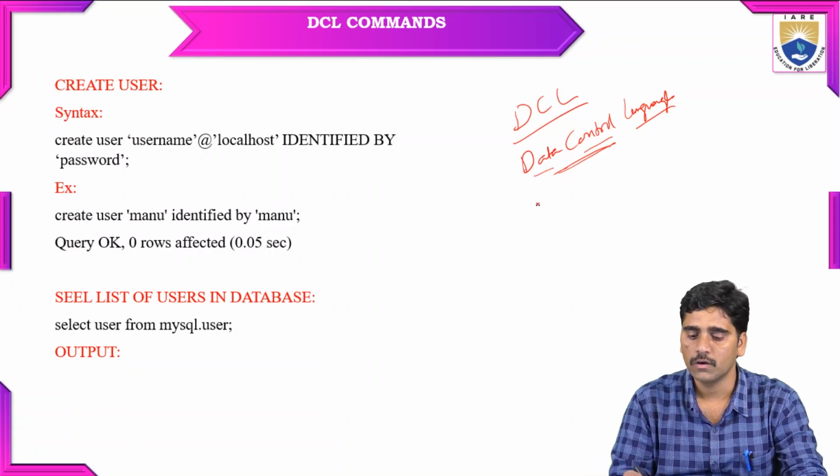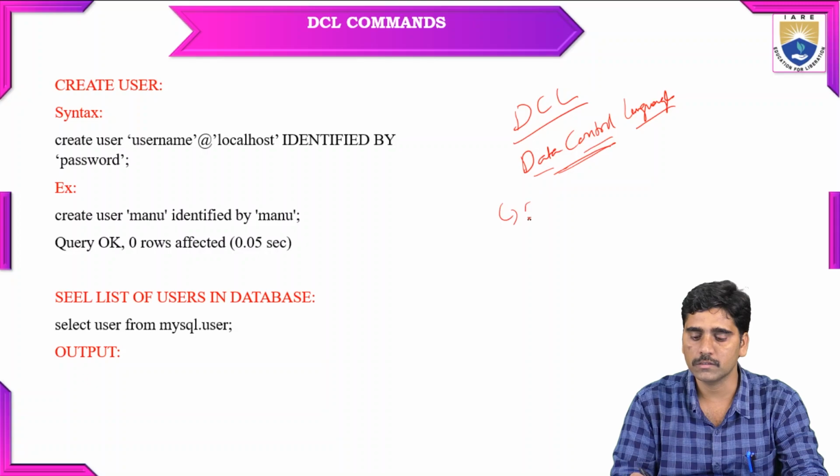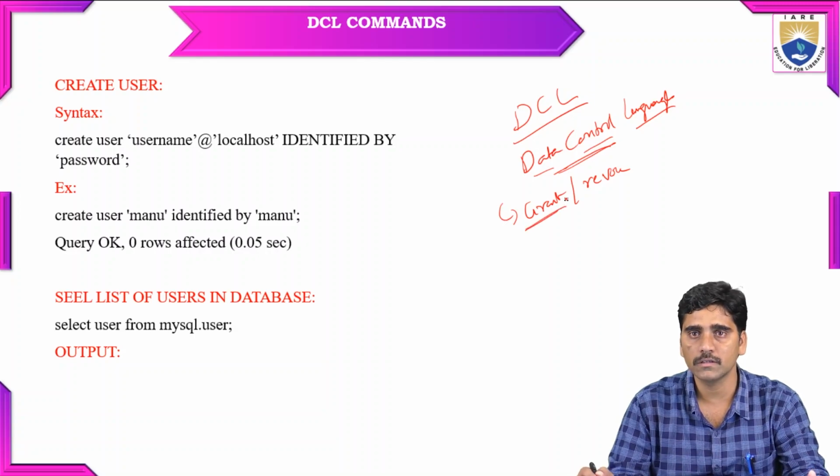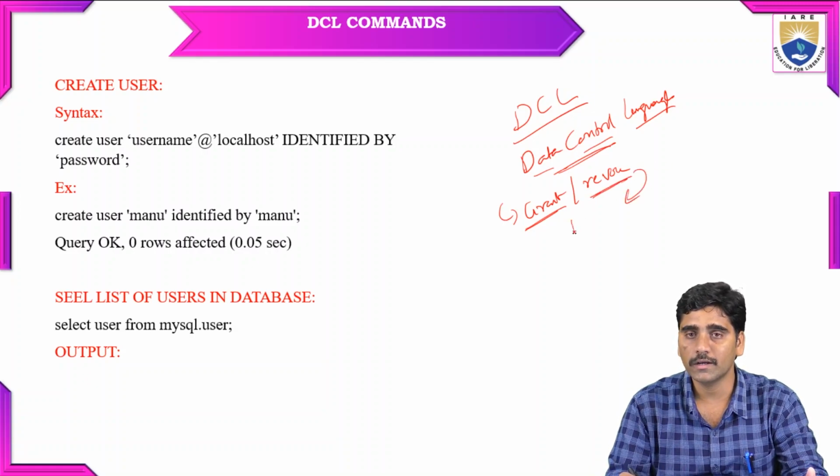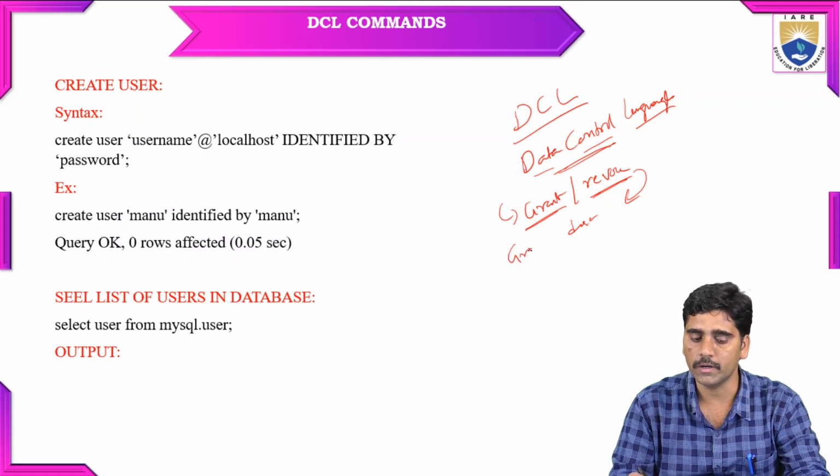Generally we have the main commands grant and revoke. We can give access by granting privileges, and we can revoke the privileges. If you want to give permissions or privileges to the user, you can proceed with the grant command.